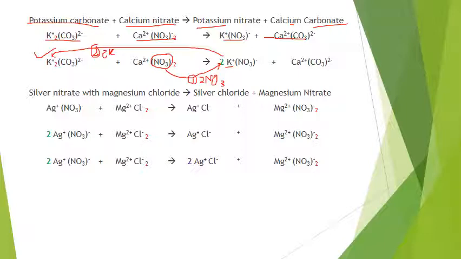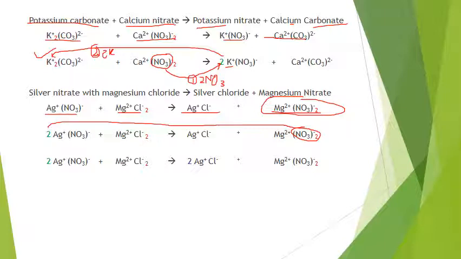So that was simple. All right, next one, silver nitrate plus magnesium chloride produces silver chloride and magnesium nitrate. So here are the chemical formulas. I'm going to start out with this one right here because this negative ion has the most subscripts, a 3 and a 2. So I want to have two nitrates, so I'm going to go over here and put a 2.